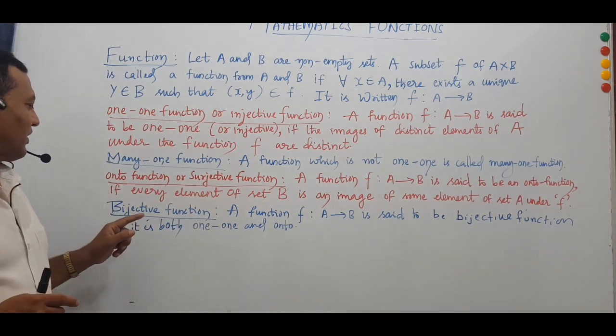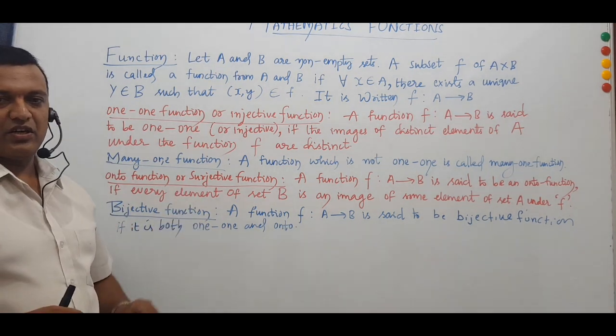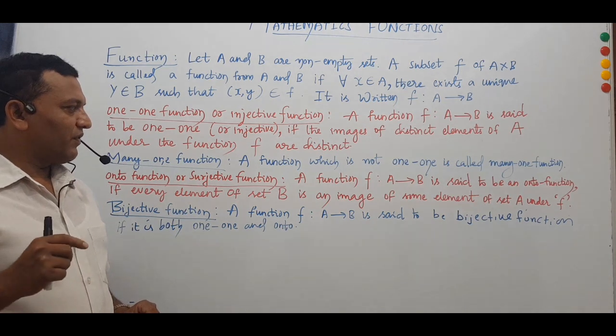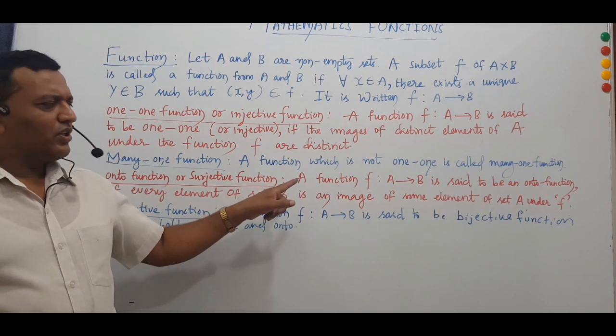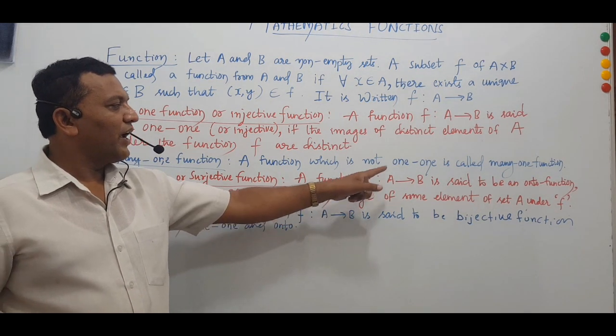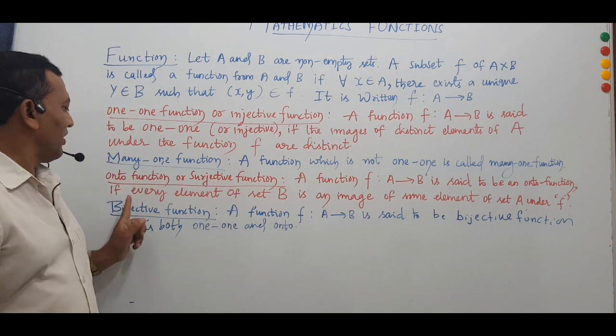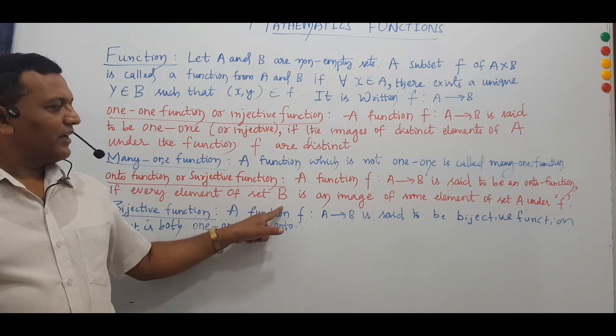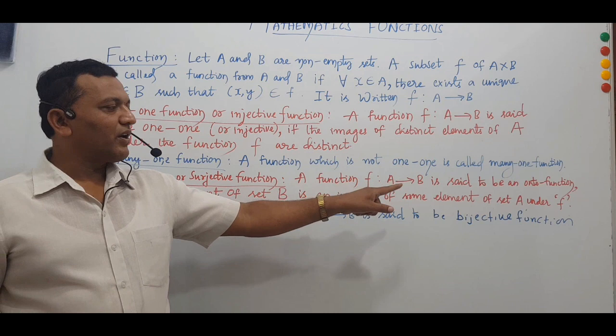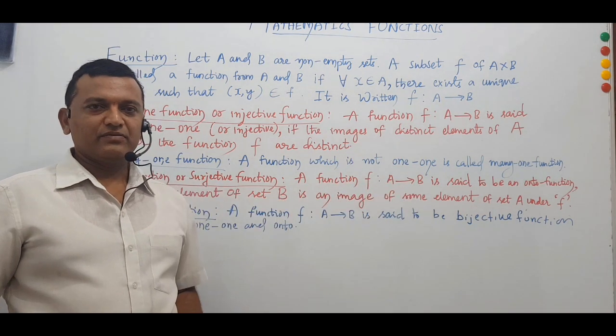Now we will go to the next one, the onto function or surjective function, which is very important in the functions part. A function f from A to B is said to be an onto function if every element of set B is the image of some element of set A under the function f.